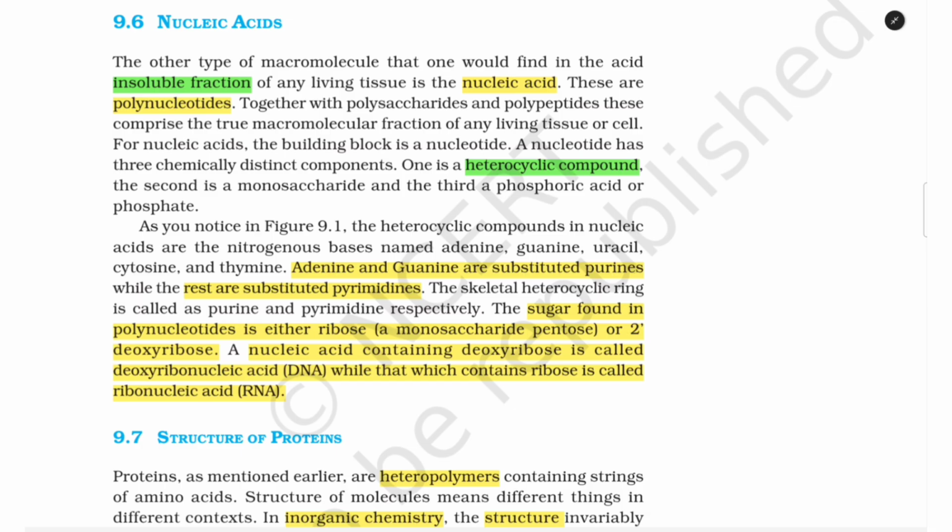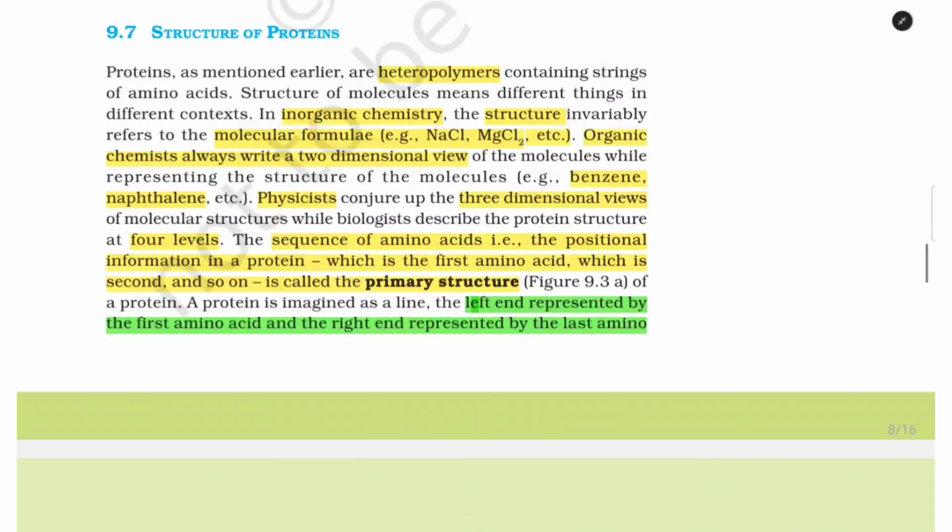The sugar found in polynucleotides is either ribose, a monosaccharide pentose, or 2' deoxyribose. A nucleic acid containing deoxyribose is called deoxyribonucleic acid, DNA, while that which contains ribose is called ribonucleic acid, RNA.